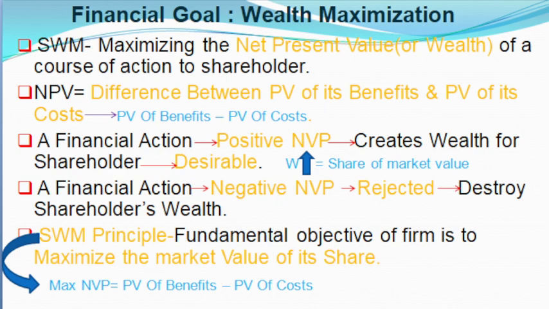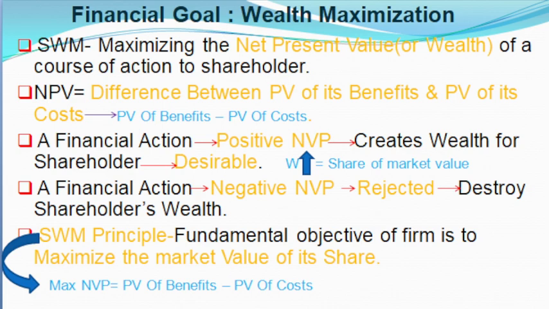NPV is the difference between the present value of benefits minus the present value of cost. Suppose, what is the present value of benefits and what is the present value of cost.